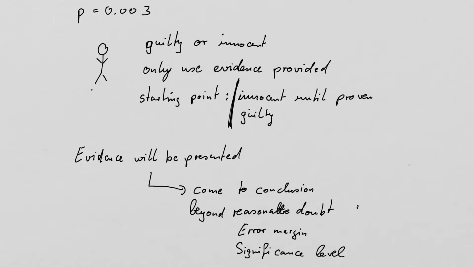So the defendant has not done the deed. This is the null hypothesis. The alternative hypothesis would be the defendant has done the deed. This null hypothesis is abbreviated with H0. And as I said, we can also formulate an alternative hypothesis where we say the defendant has committed the crime.